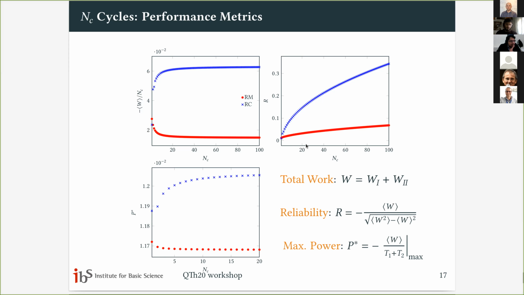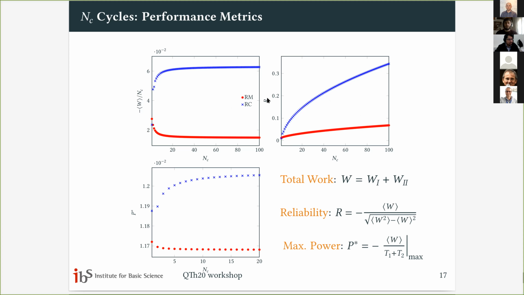Going from the previous graph to looking at the maximum power output, it's again the same story where repeated contact outperforms repeated measurement. Now, in the case of the reliability, the reason behind this outperformance is mostly the change in the variance by a factor of n.